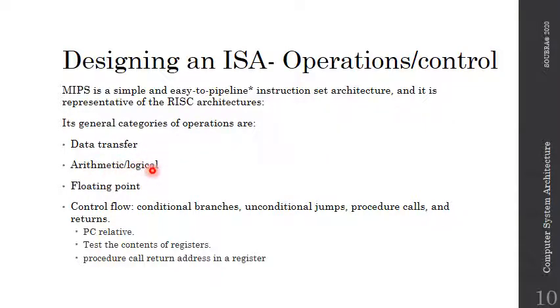We can have something in the ALU, so the mathematical and logical operations. We could deal with floating point, but I'm not covering it this year. And then, most importantly, we can control the flow of our execution. So instead of having systematically sequential execution one after the other, we could have some branching or some jumps, or we can call some functions. So a procedure is a function, right? And this is what we're gonna see later on.